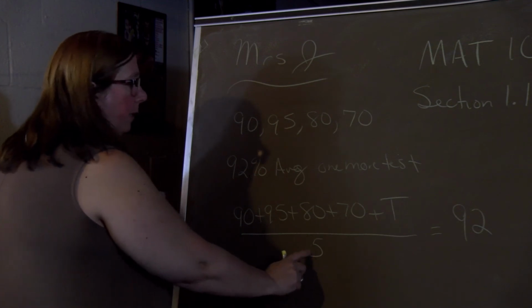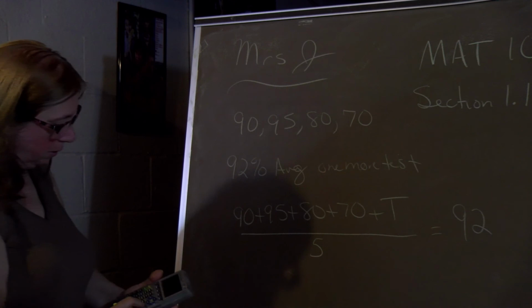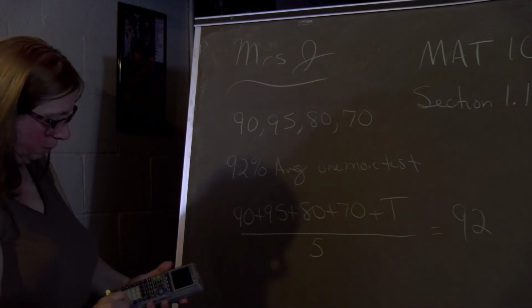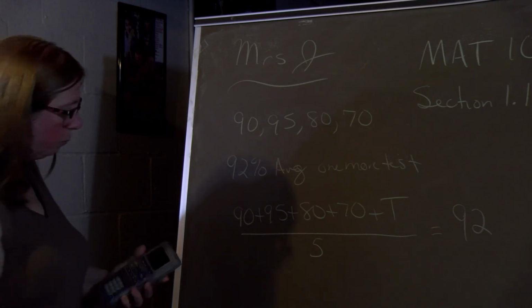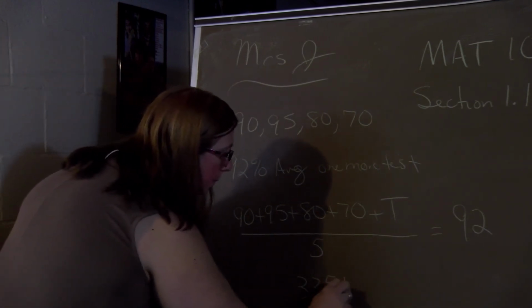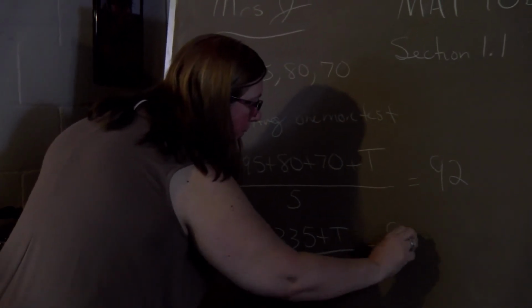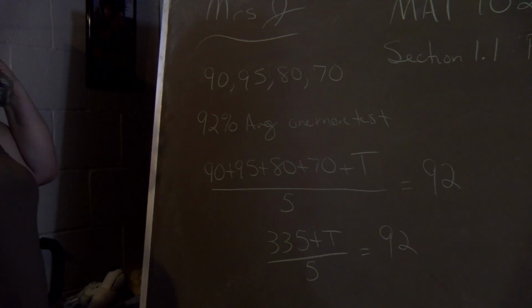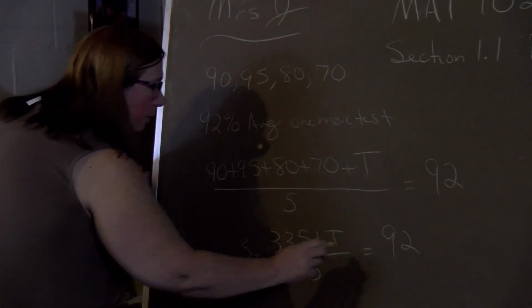We want to get rid of this 5. Well, we can add all those up too. 90 plus. So I added all the tests up first. Then to get rid of the 5, we can multiply both sides by 5.